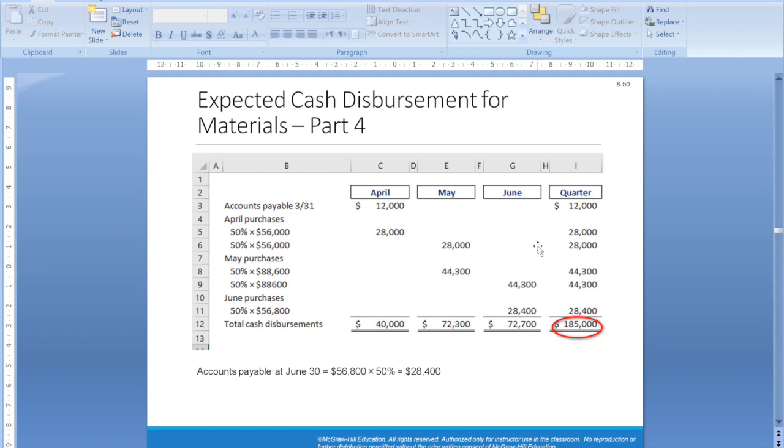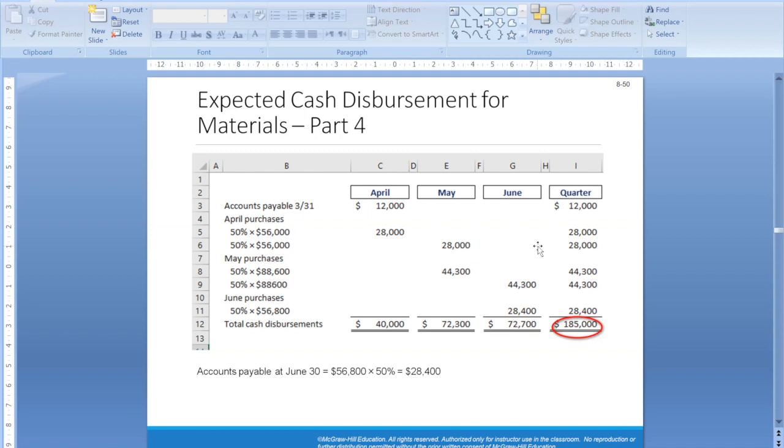So if I ask what is the balance of the accounts payable for the whole quarter? This will represent the other 50% of June purchases. It is written underneath here, June 30, which is 28,400.